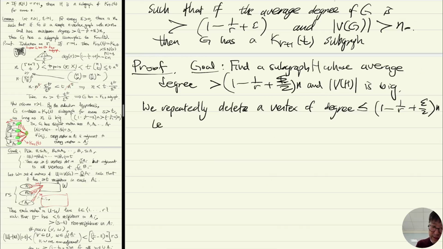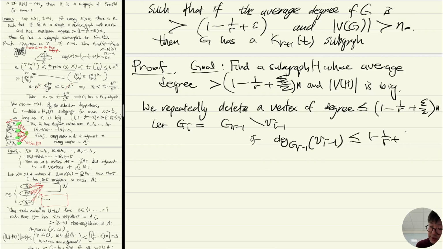So in other words, let G_i be G_{i-1} minus v_{i-1}, if the degree in G_{i-1} of v_{i-1} is less than or equal to 1 minus 1 over R plus epsilon over 2, times the number of vertices of G_{i-1}. Does that make sense?